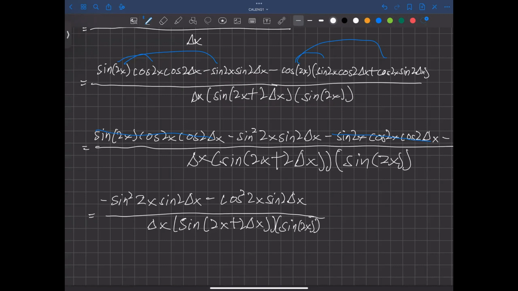Now, we can't just substitute delta x with 0 because this would make our function undefined.